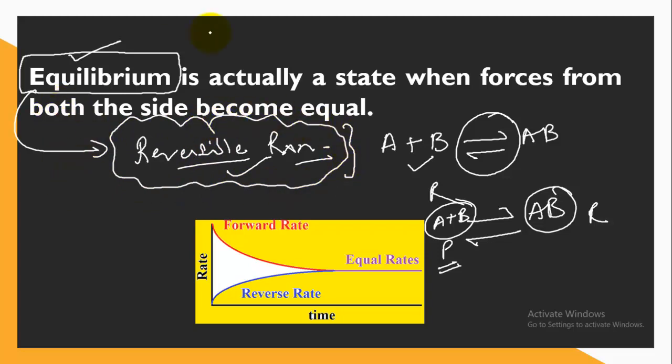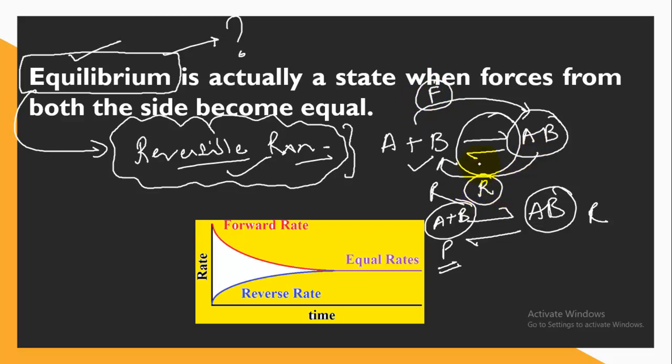Now what do we mean by equilibrium? In this reaction, A and B combine to form AB, and AB also has a tendency to decompose back into A and B. So the reaction is occurring in the forward direction, and at the same time it is occurring in the reverse direction also. So what happens?